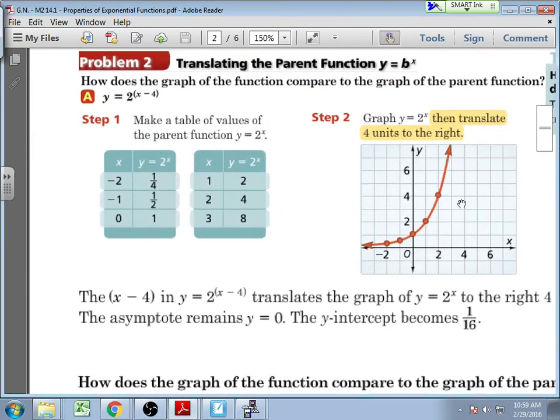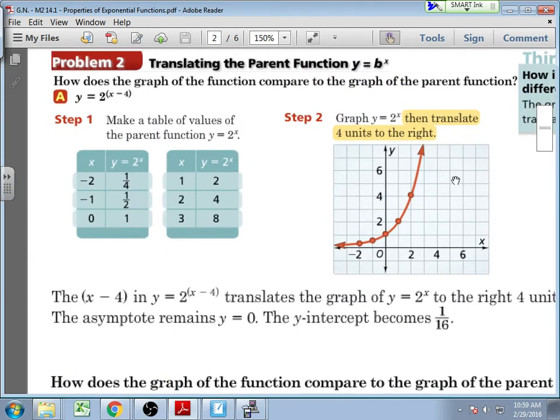So if we're back here, we see that the parent function is 2 to the x. When I graph these, my exponent now is subtracted by 4 before it's applied. So we have to figure out what the values are going to be at those points. Let's set up a table in your calculator.